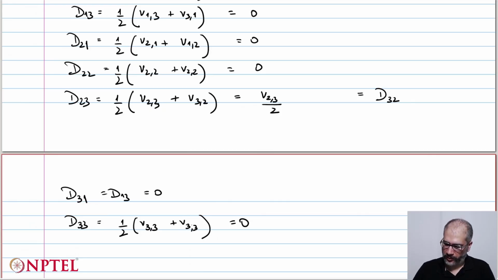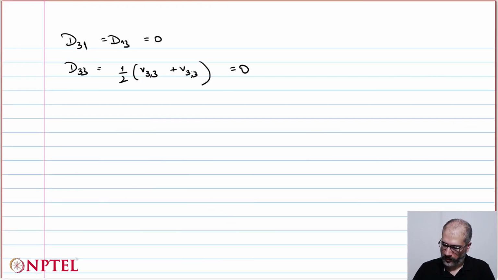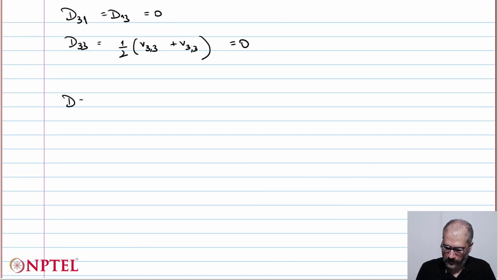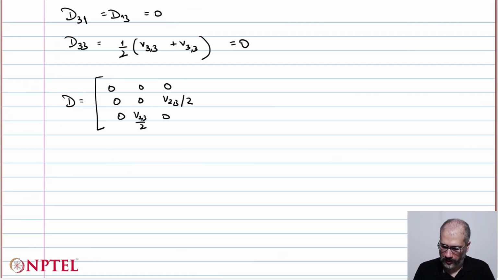So let's express our rate of deformation tensor in a matrix form now. So we found out these components to be 0 except that D23 was v2 comma 3 divided by 2. Similarly, D32 was v2 comma 3 divided by 2, and the rest of the components were 0. So this is our rate of deformation tensor.